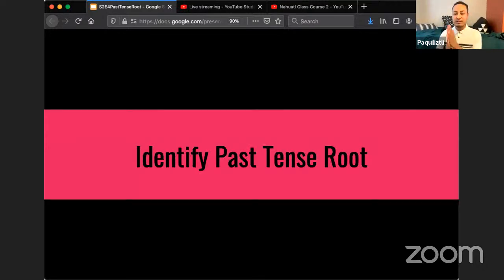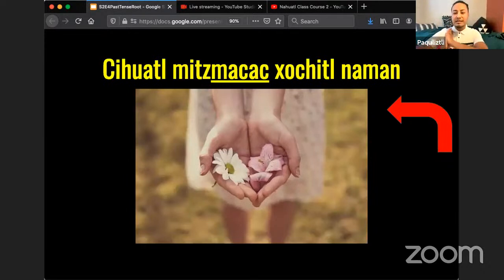So what we're first going to do is identify the past tense root. Usually when I show you these slides, I'm showing you what the past tense is, but now these are the exact same slides you've been doing, but I'm highlighting the past tense root. So here we have the sentence, Siwat mitzmakak xochitl naman.